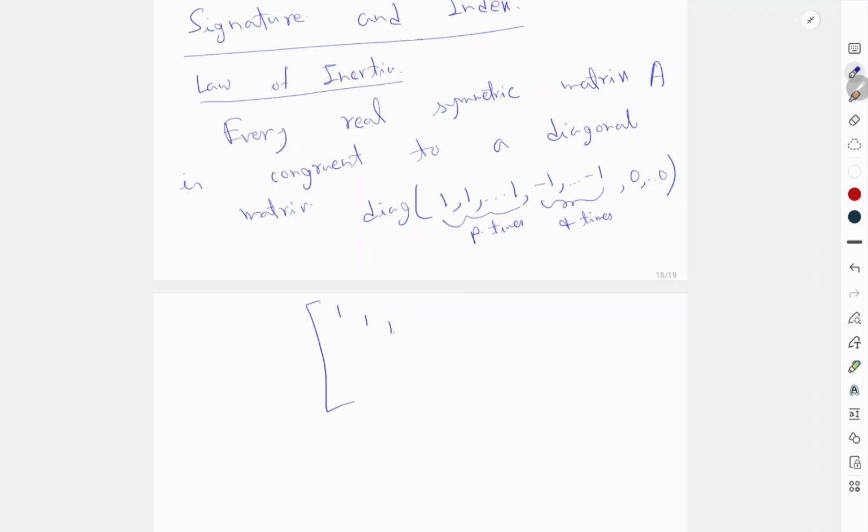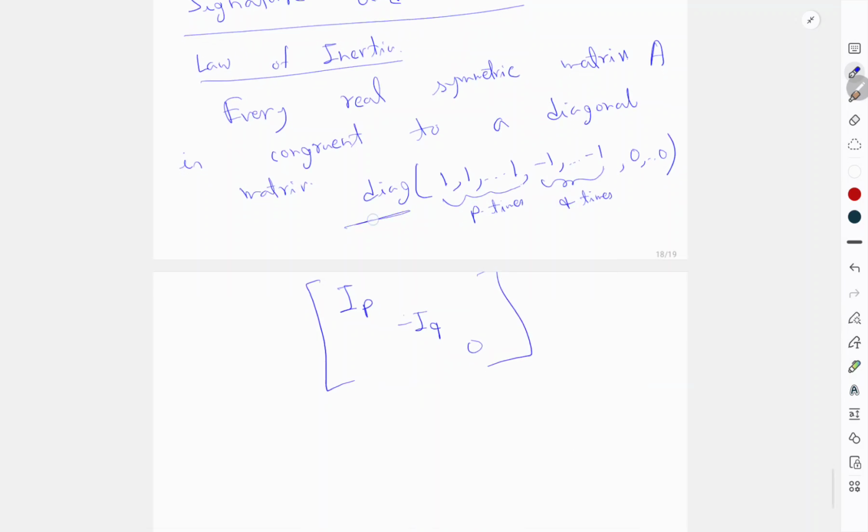Here you have I_P, then minus I_Q, and then some 0, this type of thing. This diagonal matrix looks like that. So the law of inertia says you can find some P for which P transpose AP will be of that form.